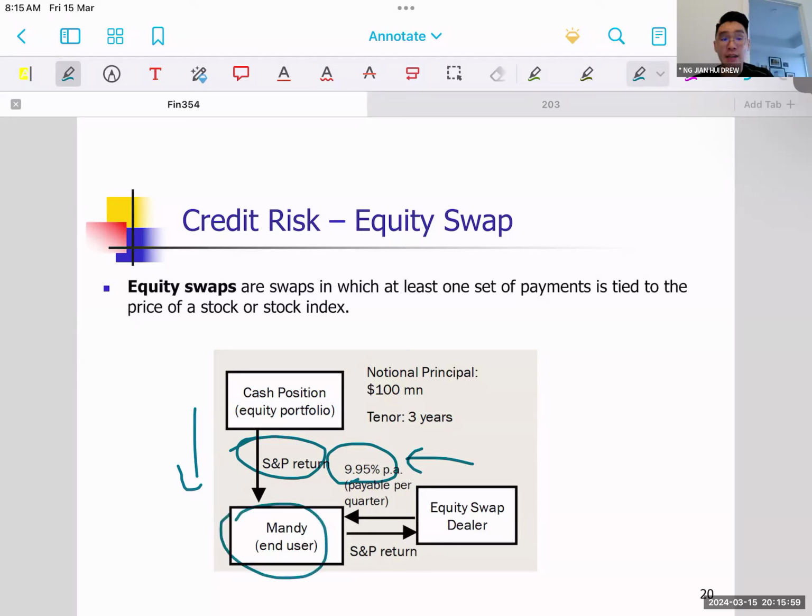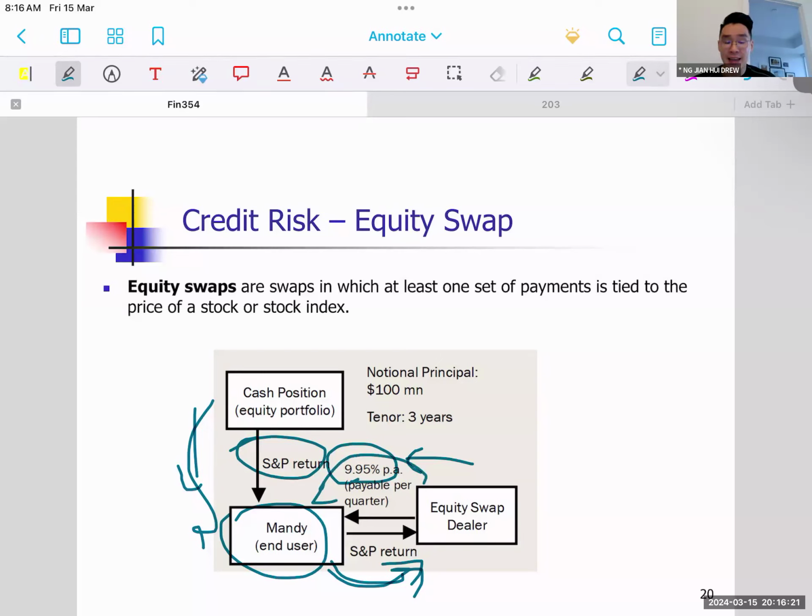And what you do is you enter into a swap agreement with a swap dealer to pass through the S&P 500 return from your client to the swap dealer, and have an agreement with the swap dealer to pay you 9.95%.